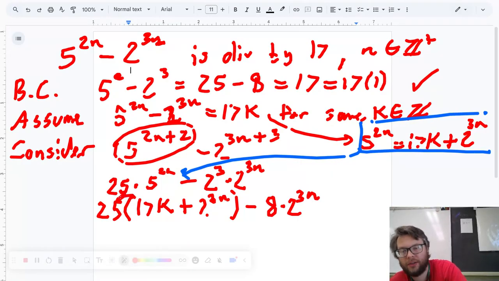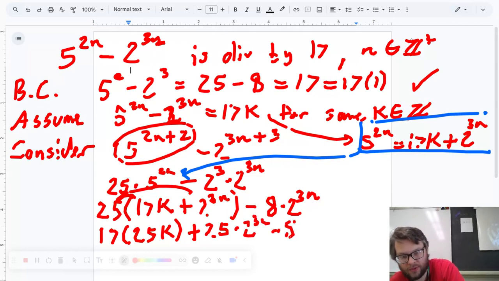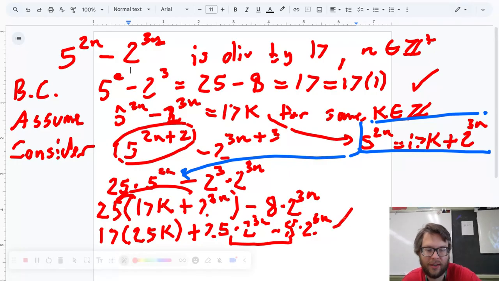Distribute the 25, but I don't actually really care about what 25 times 17 is. I know that that's 17 times 25k. Then here I have 25 times 2 to the 3n minus 8 times 2 to the 3n. And that's the key part, is that again, I have 25 minus 8, leaving me with 17.